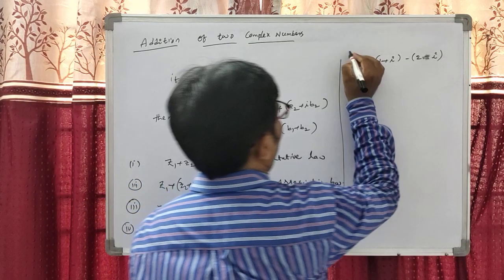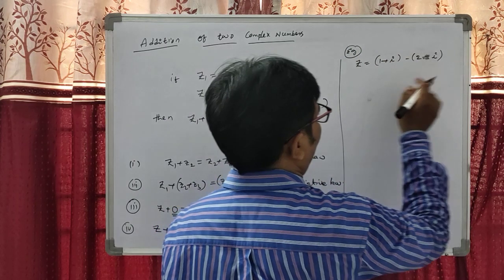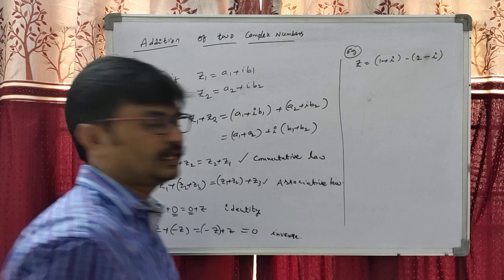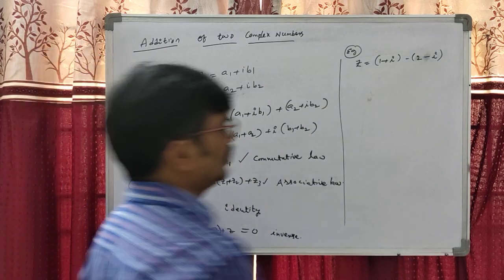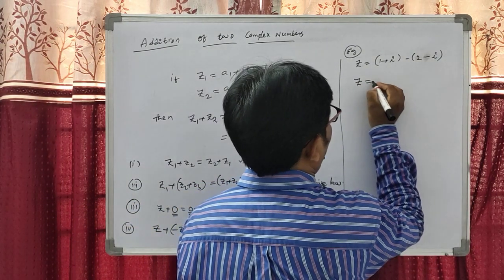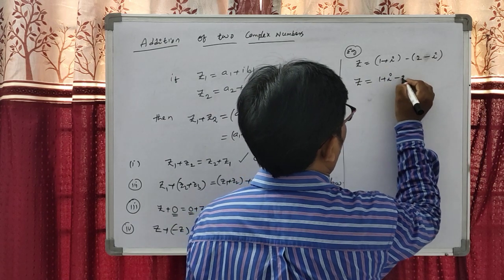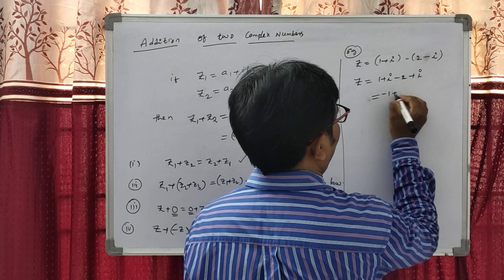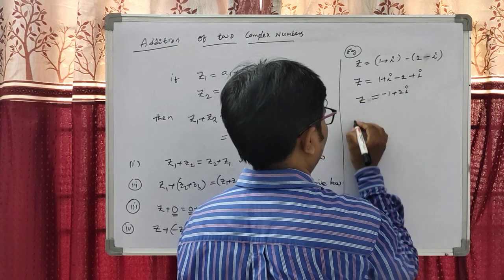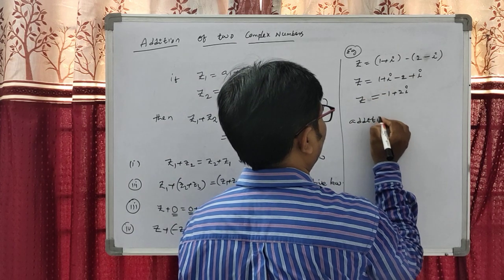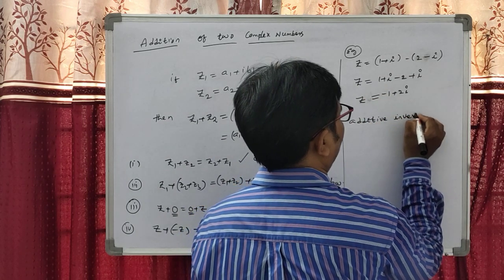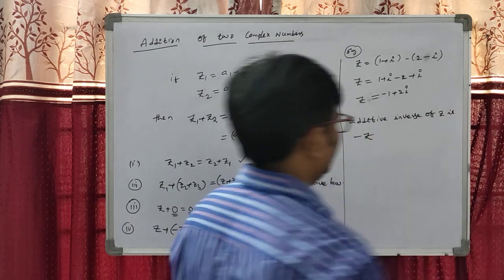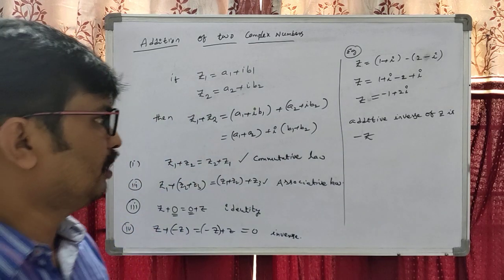First, z can be written as 1 plus i minus 2 plus i, which is minus 1 plus 2i. The additive inverse of z is minus z.